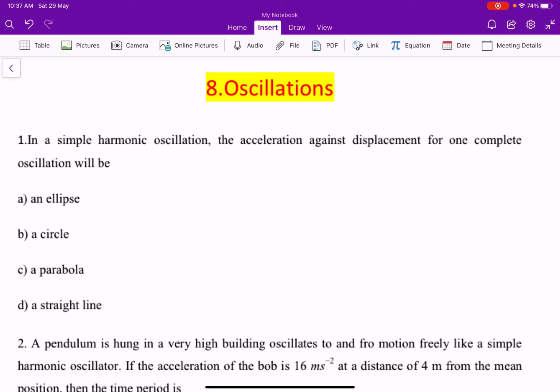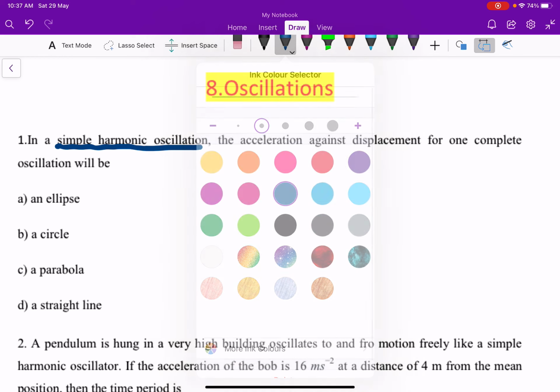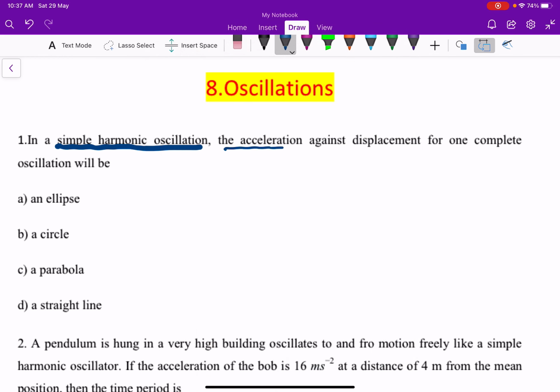Our first question is: in a simple harmonic oscillation, the acceleration against displacement for one complete oscillation will be what? We know that acceleration a equals minus omega square x.